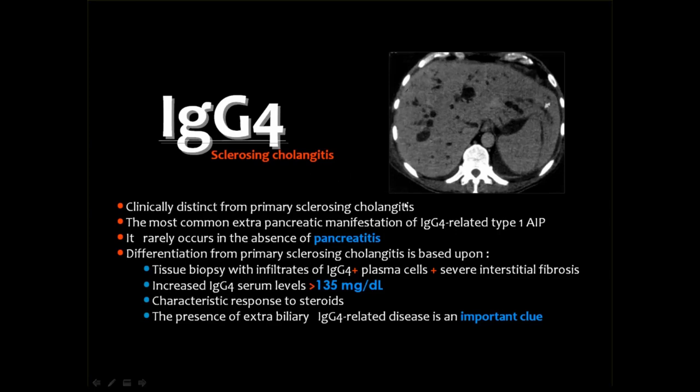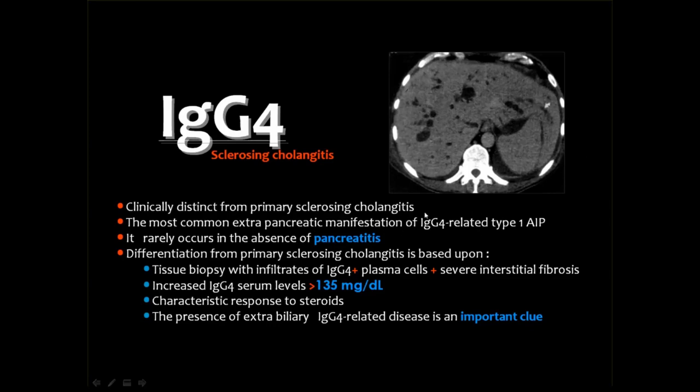And you remember we have two types previously described in the literature, the biogenic or oriental cholangitis, that's primary sclerosing cholangitis, and now we have a new one, which is the IgG related sclerosing cholangitis, which is different from the primary sclerosing cholangitis. This is the most common extrapancreatic manifestation.